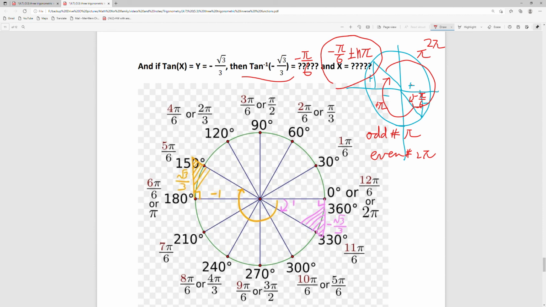Basically, you have plus minus n pi. So pi over 6 plus pi, you have the second group. Therefore, it's very easy. You can combine two groups in one by using plus minus n pi.